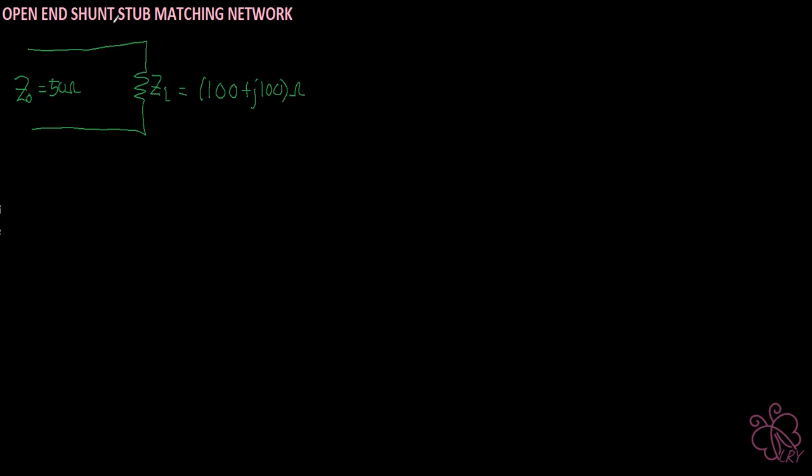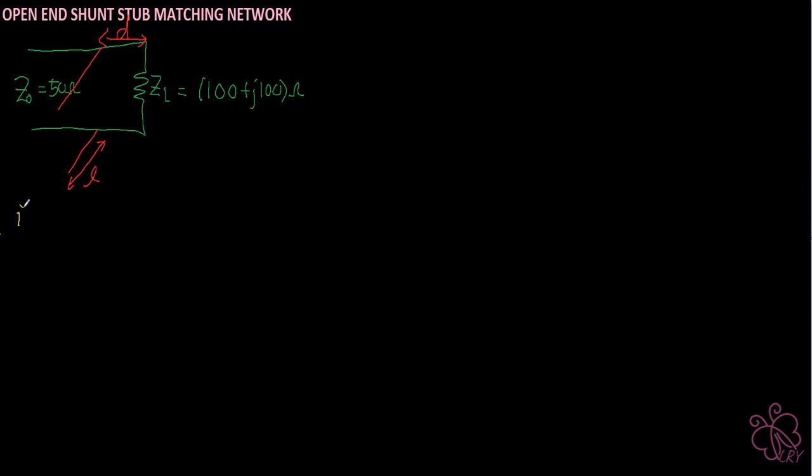Today we're going to do an open shunt stub, which is to put a shunt stub with an open end. We're going to calculate the suitable distance from ZL to our shunt and the length of our shunt.